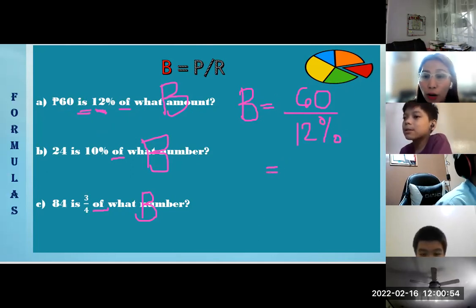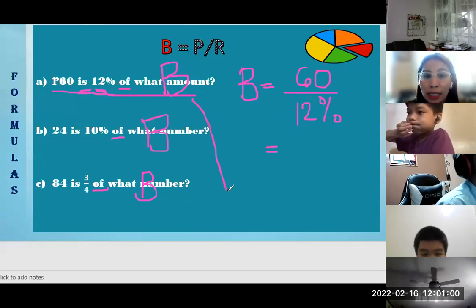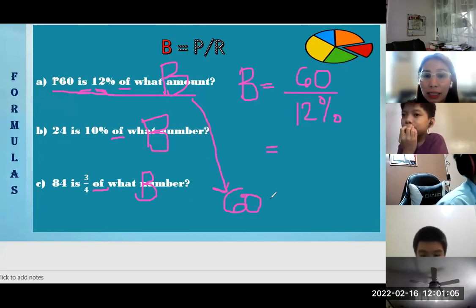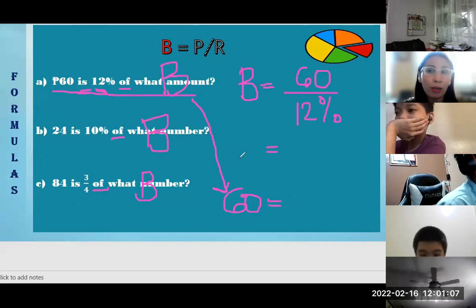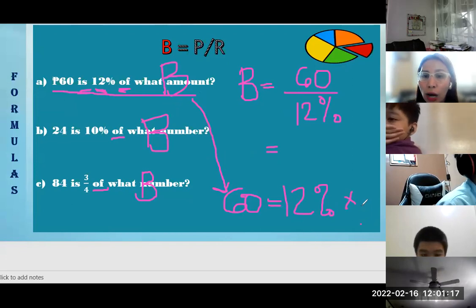If you do not know the formula, simply convert the expression to number sentence. Ganito lang siya. 60 is equals, yun ha, is 12%, and then of means multiply, of what number.